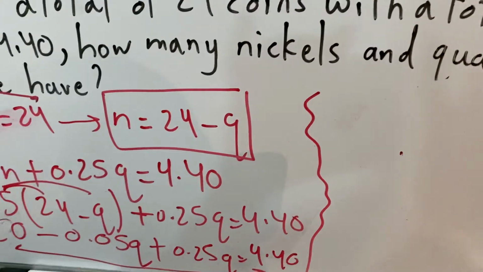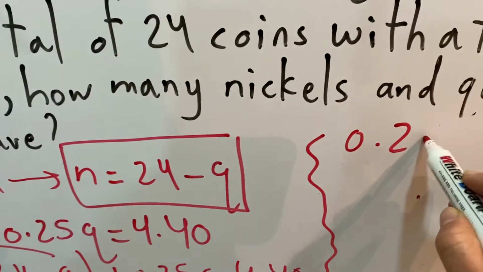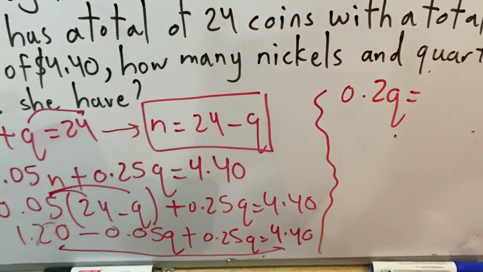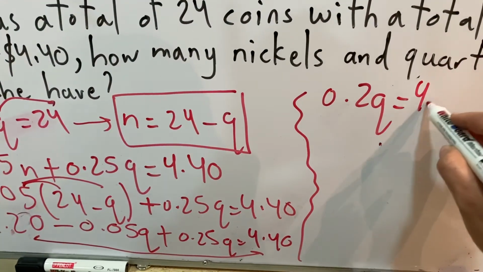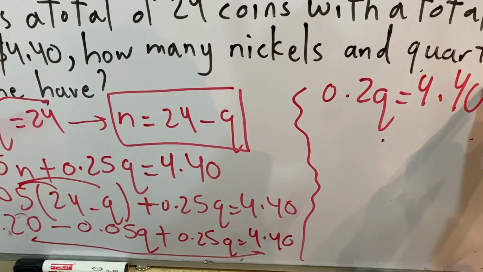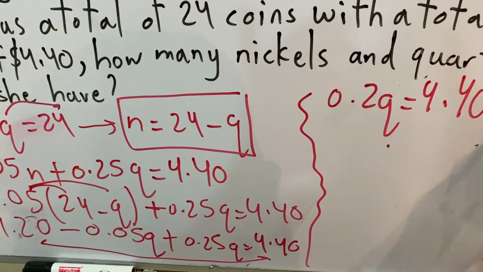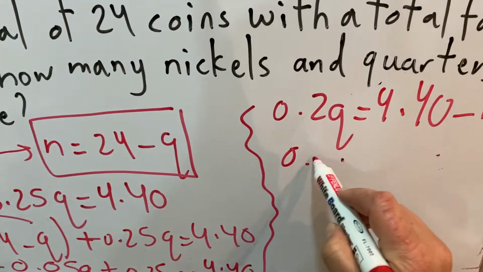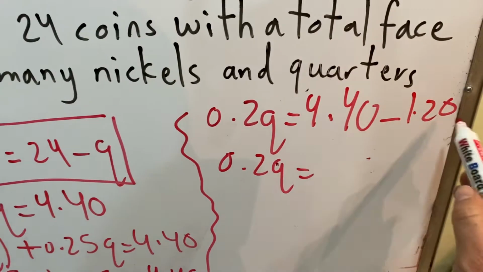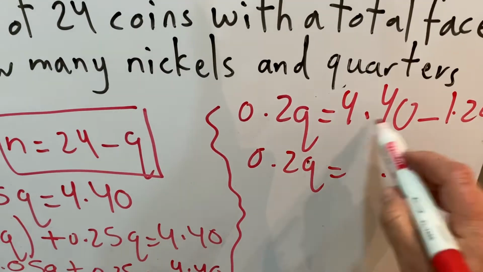So it gave me already 0.2 Q equal, I took the 1.2 to the other side, so it became 4.40 minus, because 1.2 is positive, it will go negative, minus 1.20. Now I will find the answer. 0.2 Q equal, I subtract these, 0 will go with the 0, 4 minus 2 is 2, 0.4 minus 1 is 3.